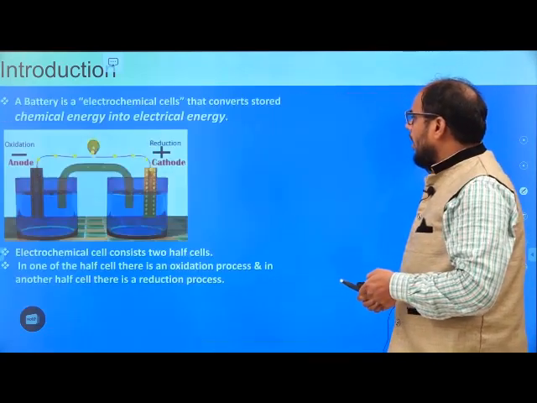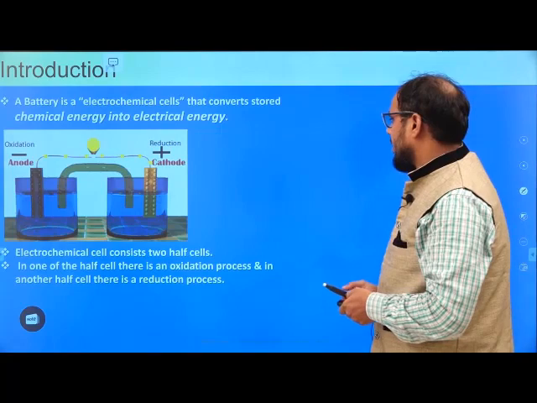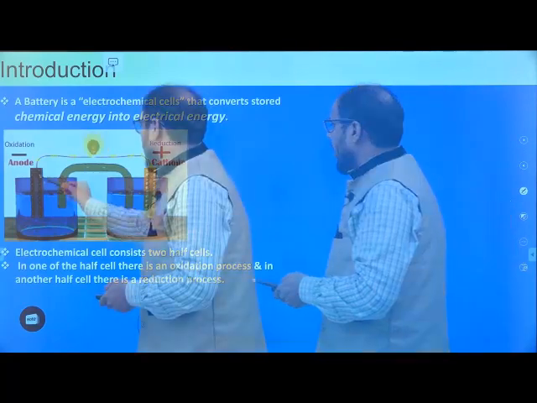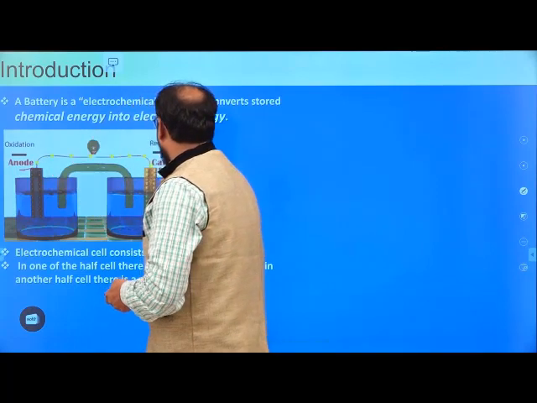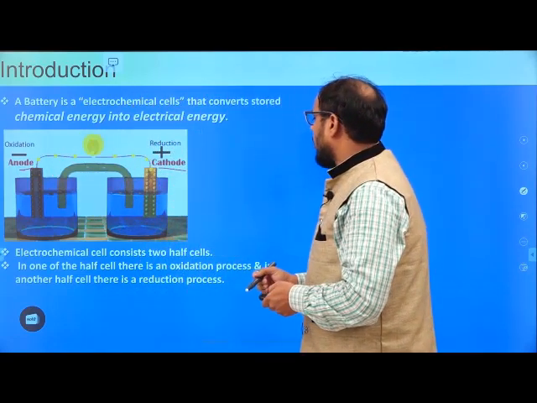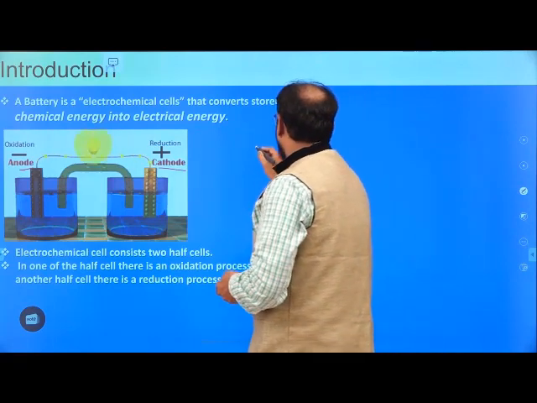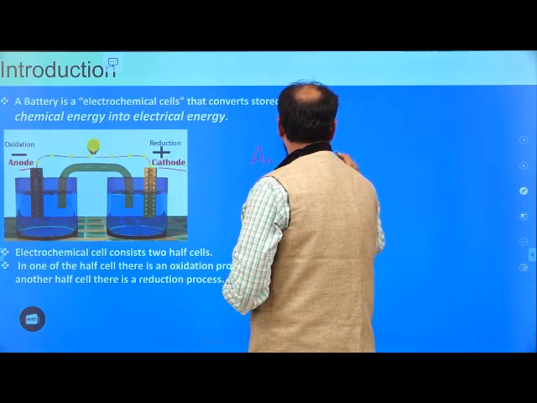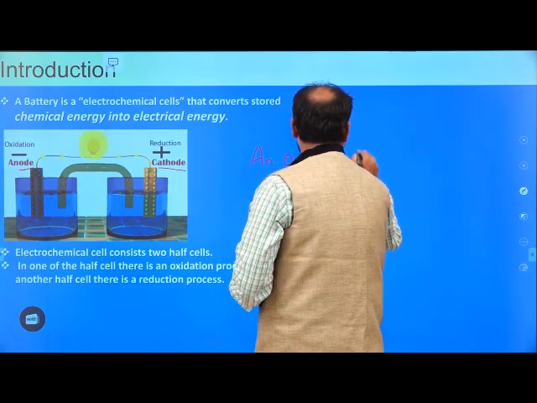Coming to the modern day electrochemical cell, we should know that it should have two electrodes, the anode and the cathode. Before I go into the details of this electrochemical cell, I should tell you a mnemonic: An Ox, Red Cat.